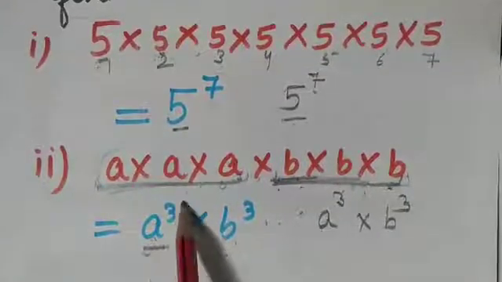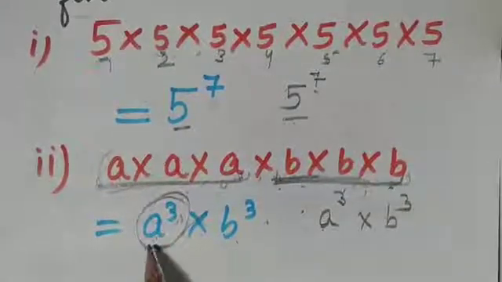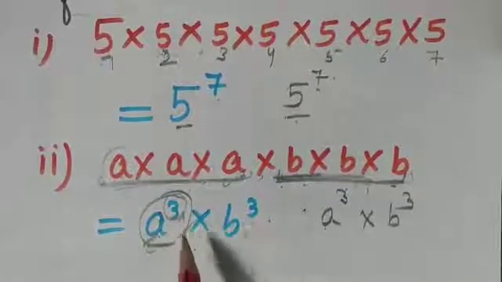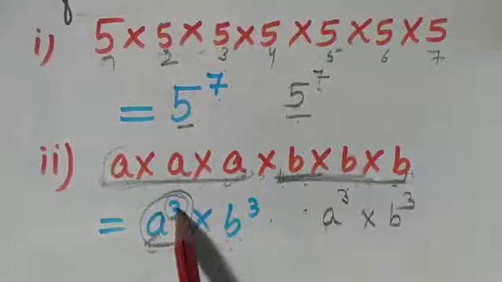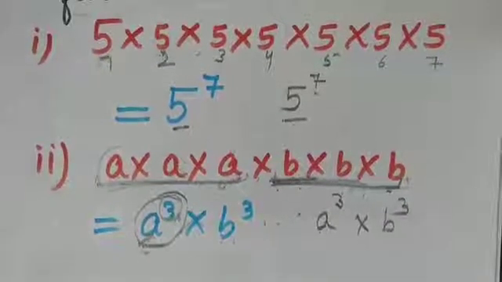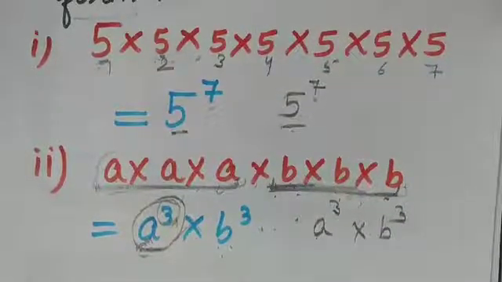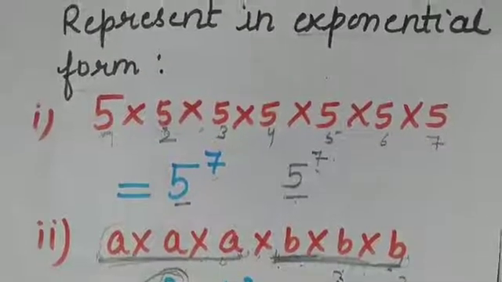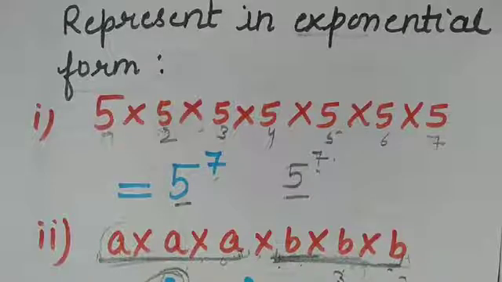Taking only this exponential number, this A is known as the base, and this you can call the power, exponent or index. So this is how to represent a number in exponential form. Exponential form means in the form of powers, in the form of exponents.